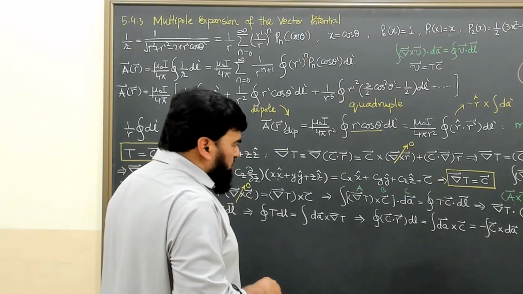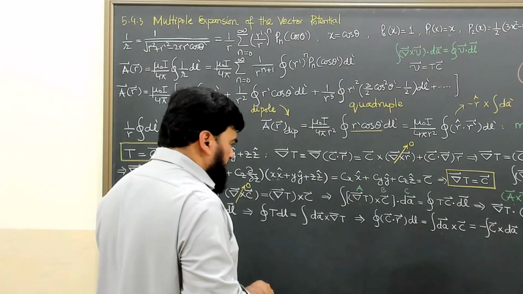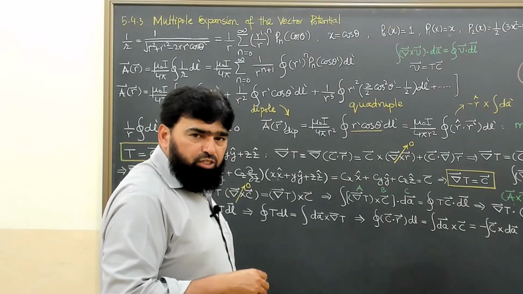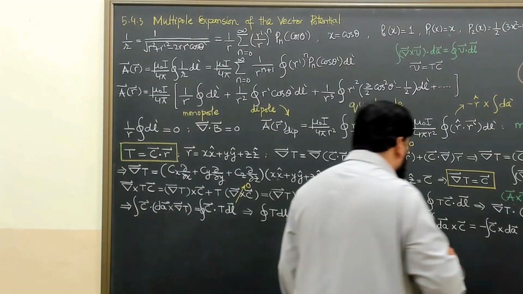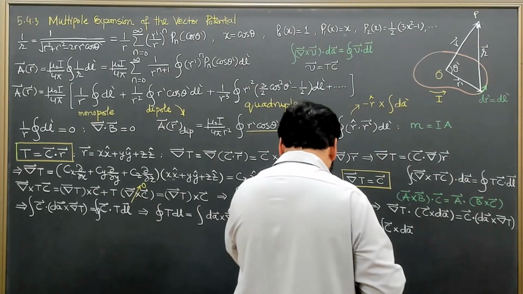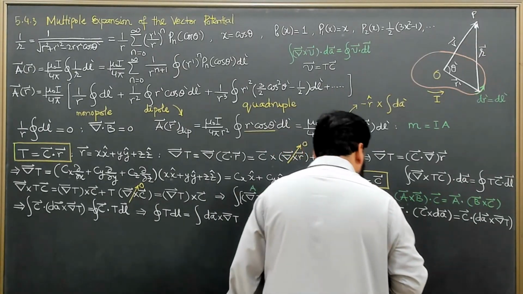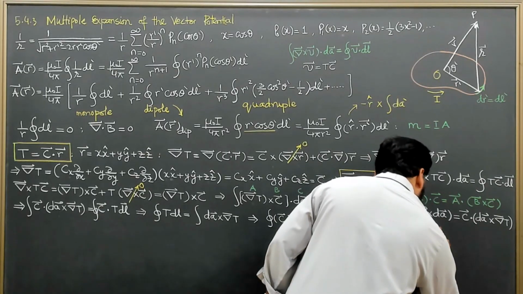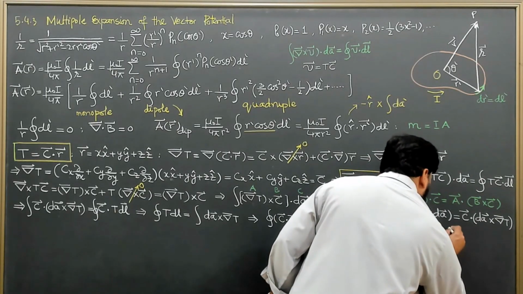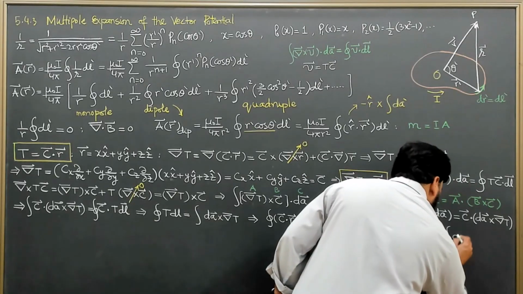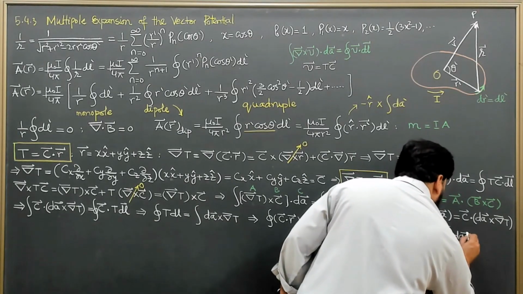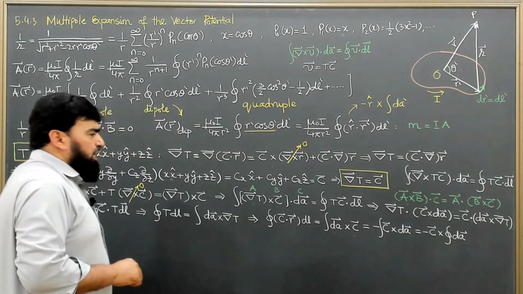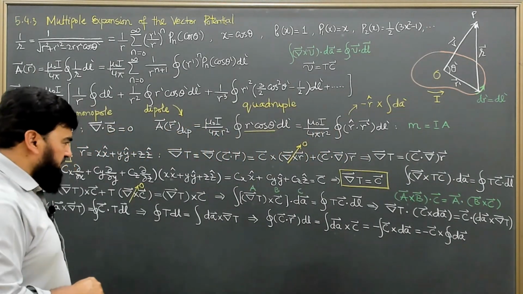Now, as I know that C is a constant vector and there is no integration on it, I can write this as minus C cross the closed surface integral of dA.